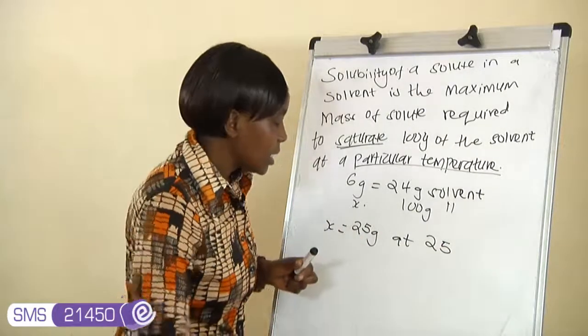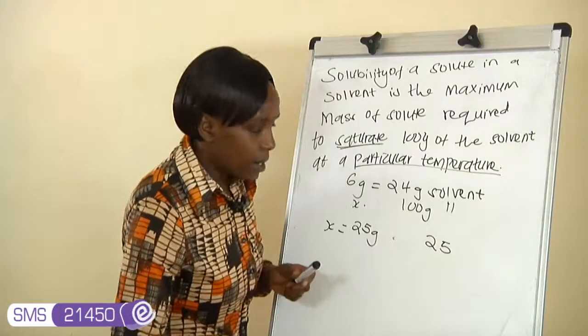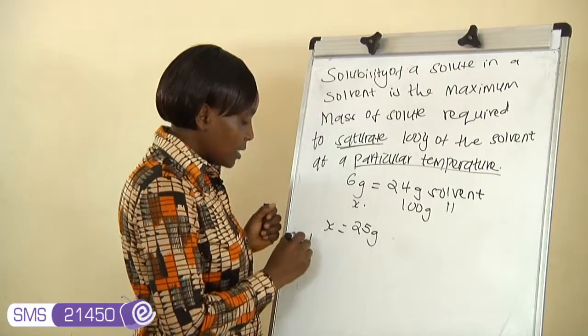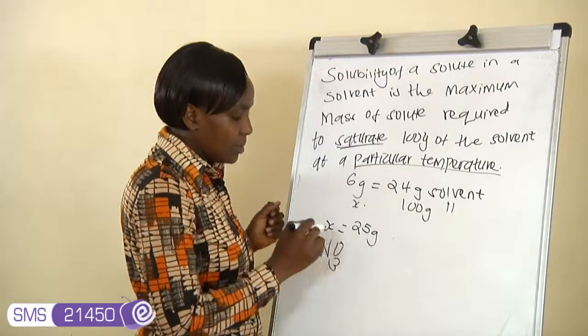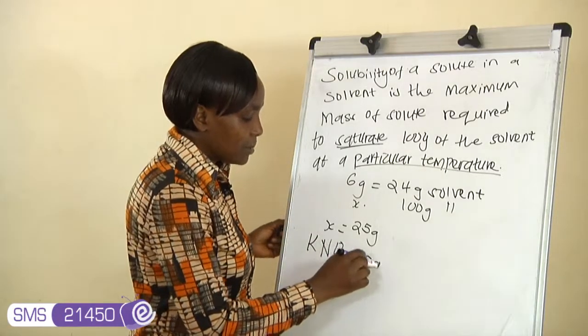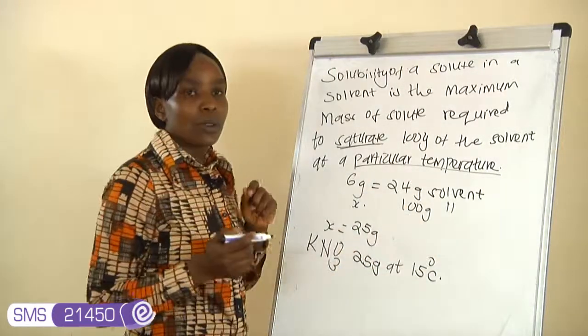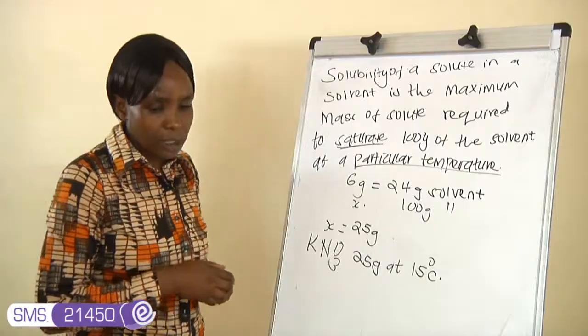So at 15, it is able to dissolve potassium nitrate. We can say that potassium nitrate will dissolve 25 grams at 15 degrees C. So that becomes the solubility.